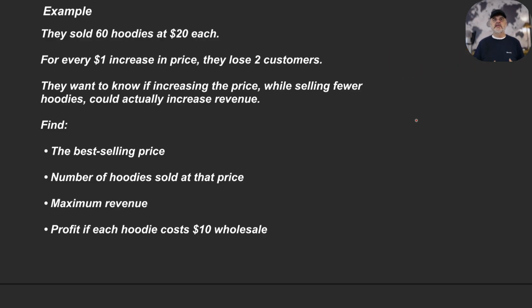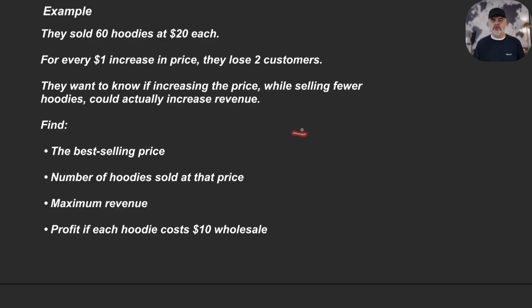So you increase by increments of $1 each time. And then what happens? You would lose 2 customers for every dollar that you increase the price. For example, if you add $1, you would use the pattern of 2 customers per dollar walking away.